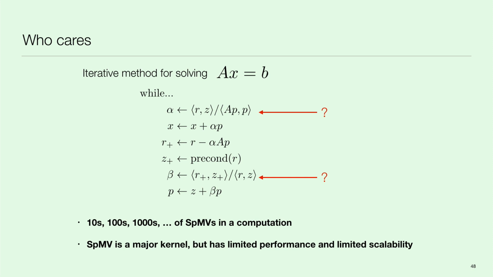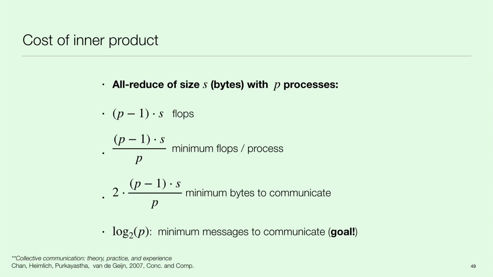I think it's a natural question whether we can apply some of the same types of traffic mitigation strategies to collectives instead of point-to-point. This is some recent work that we've looked at, trying to look at the cost of the inner product. If we go back to this paper, it's really great. It's a very good resource for this type of modeling and complexity counting.